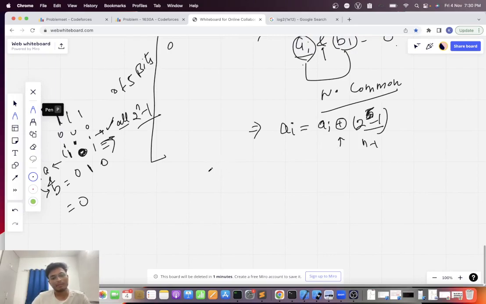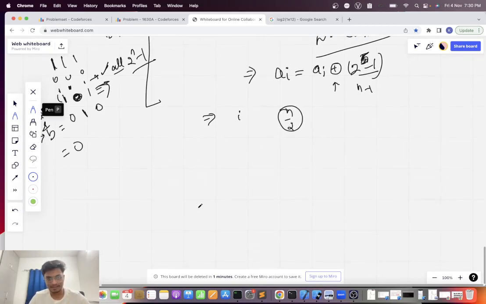So if I need n by 2, okay, and let me show you something, I'm taking an example. 0 1 2 3 4 5. I'm taking 3 bits here. So values will be from 0 to 2 to the power 3 minus 1, 0 to 7.